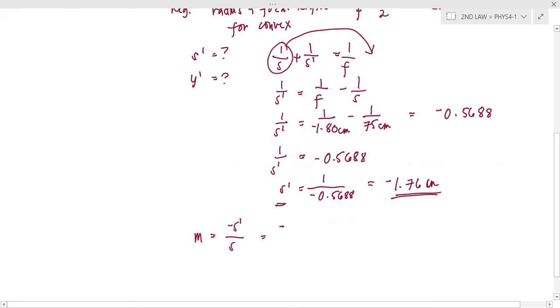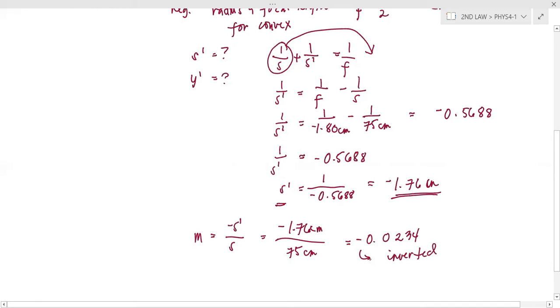So this will be negative of negative 1.76 cm divided by 75 centimeters. This will give us 0.0234. Now note that this should be negative, no? The negative here indicates that our image is inverted.